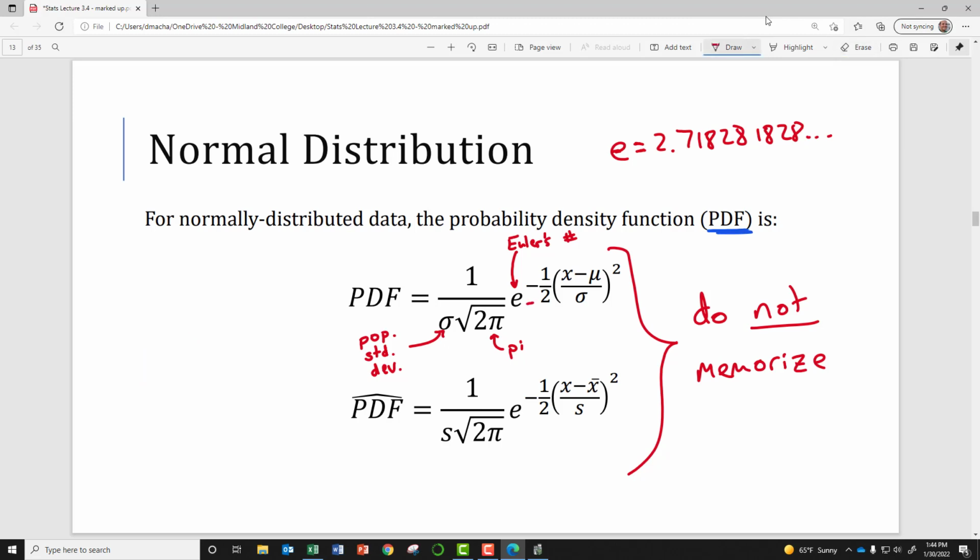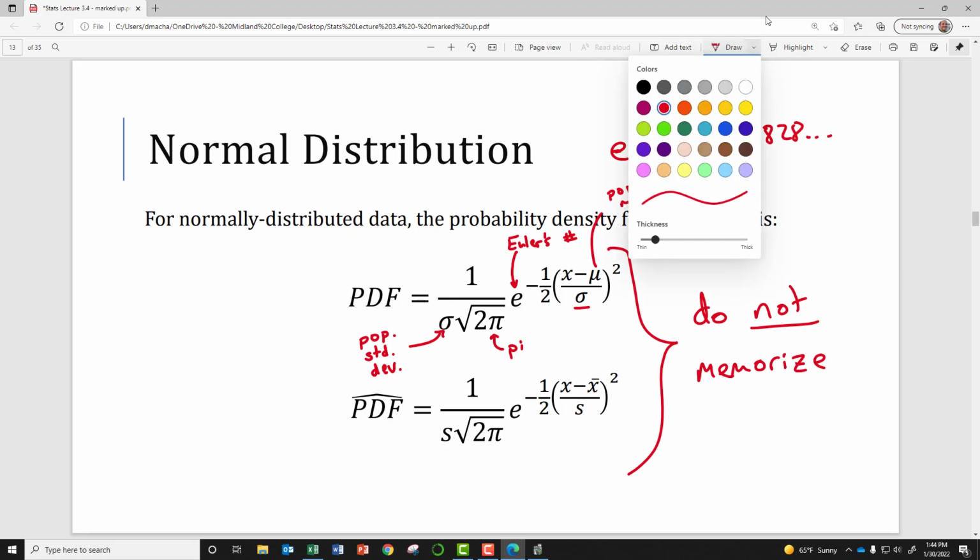But notice that it's a little bit raised up off of where the E starts. Okay. But of course mu, that's just the population mean. And then again we have that sigma appearing again. And so this is not impossible to understand if you really spend the time to appreciate it.